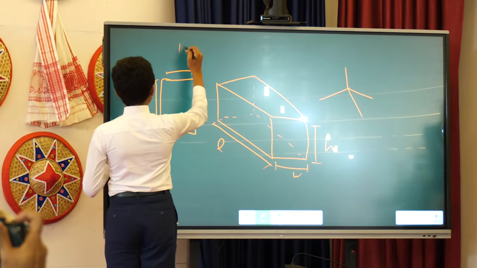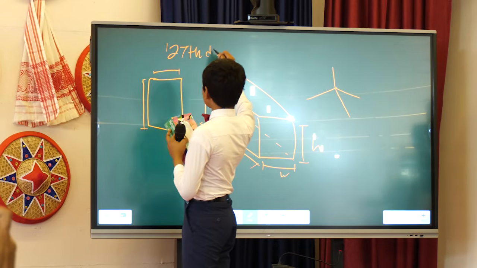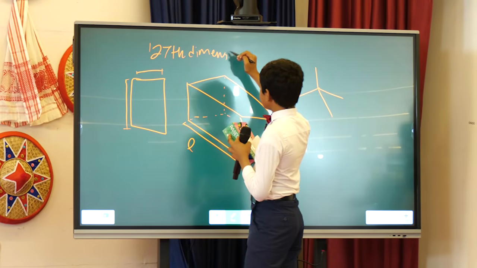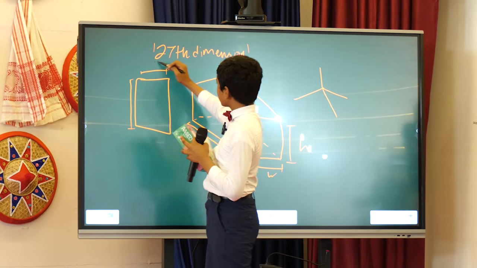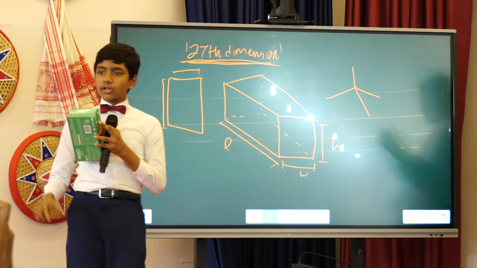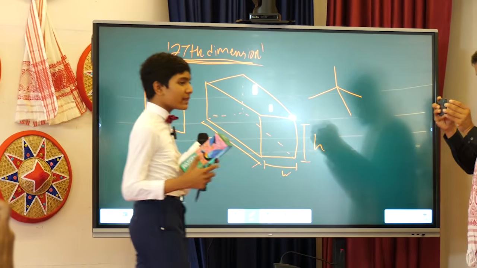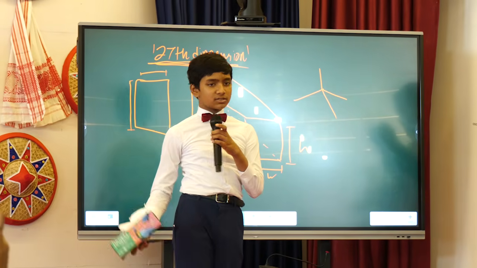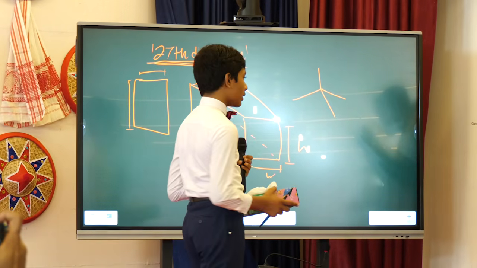And actually, the reason I said, what if we're in the 27th dimension, which apparently seems a little bit confusing, this essentially just means that we have an object that needs 27 perpendicular axes to measure. Of course, there's nothing like that in real life, and there probably never will be.